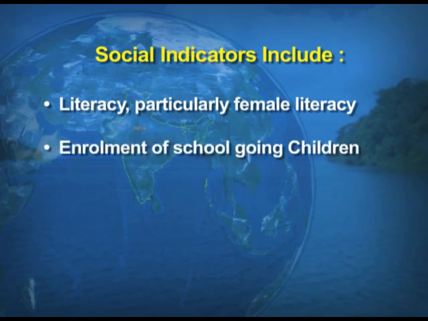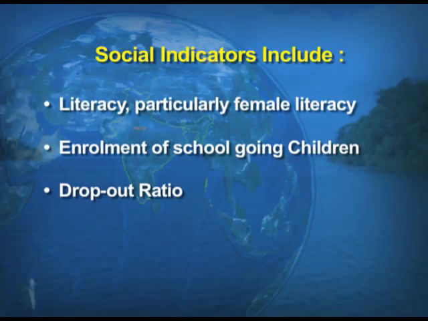Number 2, enrollment of school going children, because in our country, we always discuss the dropouts, because many children go to school, they seek admission, but then they drop out because of certain reasons, maybe the family background, maybe the economic crisis, or certain other reasons resulting in the dropout of students. So, this dropout is also one of the social indicators.